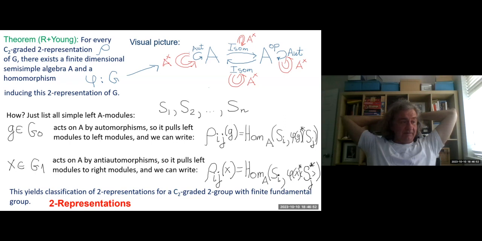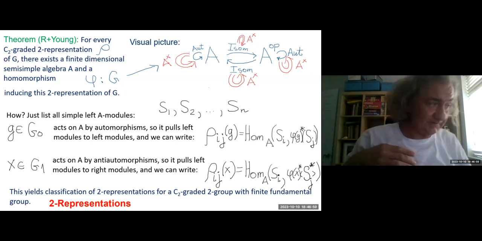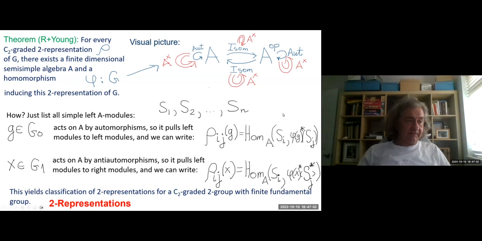In general, the way we develop this theory, we have a discrete group, but it works very well for two representations of C2 graded two-groups with finite fundamental group. That's the finiteness condition we want. The two-morphisms could be any, and with these representations, we could do induction, restriction. We've done lots of interesting stuff in that paper.